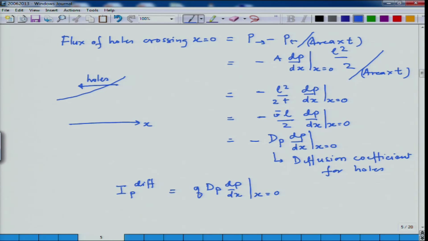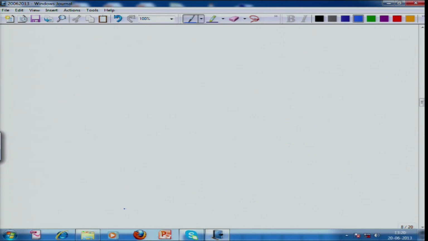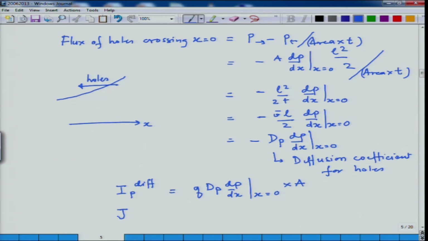So, this would be charge per centimeter square per second, which is the current, multiplied by the area A. And if I want to represent it in terms of current density, then the current density due to diffusion will be given by, negative sign missing here, Q times the diffusion coefficient times dP dx at x equal to 0.